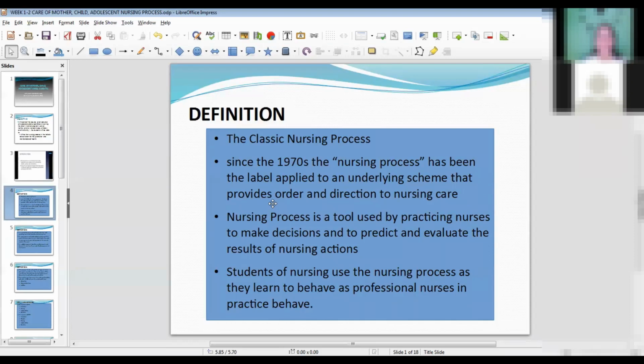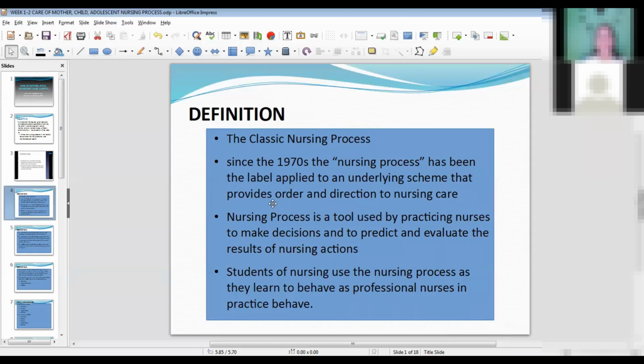Another definition: nursing process is a tool used by practicing nurses to make decisions and to predict and evaluate the results of nursing actions. Dito pa lang, from the definitions given, magkakaroon na tayo ng idea on what nursing process is and what are the steps involved.